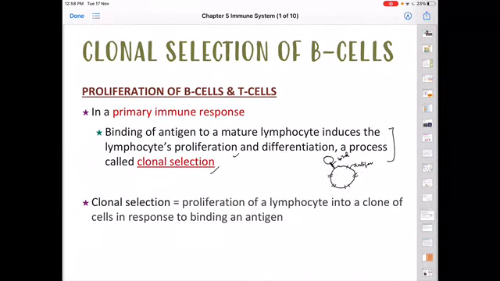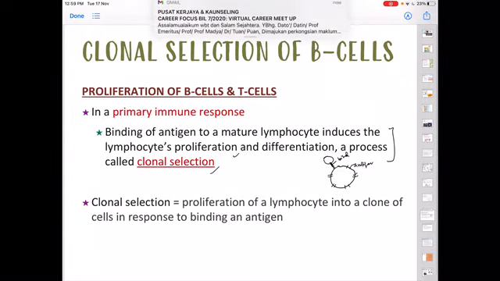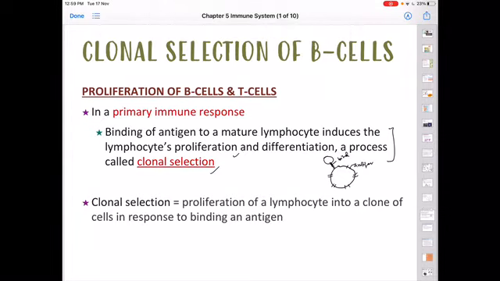Now we go into proliferation of B cell and T cell. In a primary immune response, binding of antigen to a mature lymphocyte induces the lymphocyte proliferation and differentiation, a process called clonal selection. Maksud dia kat sini ialah bila ada antigen, antigen ni refer to the pathogen.